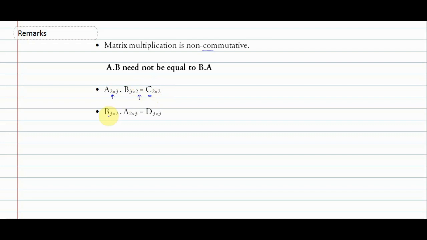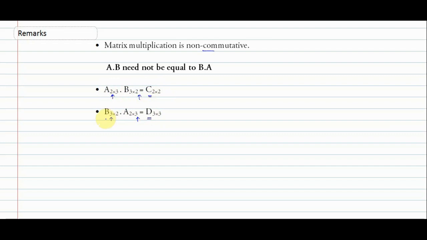Now, if you are multiplying B with A, what will be the order of the resulting matrix? You can see that the order of the resulting matrix will be equal to 3 by 3. So it's an entirely different matrix and we are denoting it as matrix D. When we multiply A with B, we get the resulting matrix C, which is of order 2 by 2.